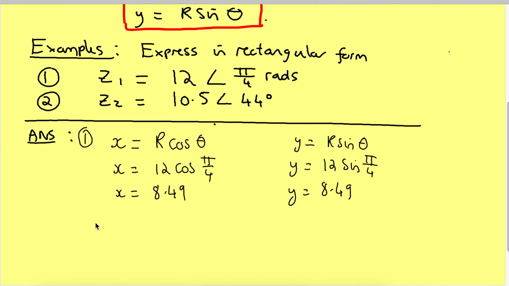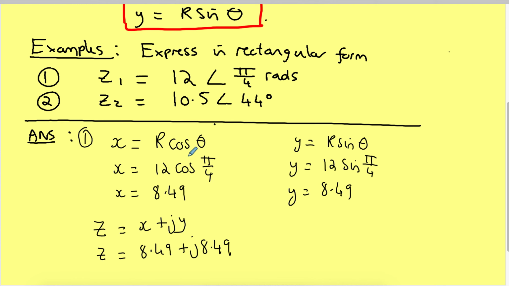So z is equal to x plus jy. So z is equal to 8.49 plus j of 8.49. So it's not a particularly exciting question because x and y come out to be the same thing. And that's obvious because we know that cos of 45 and sine of 45 is the same thing.